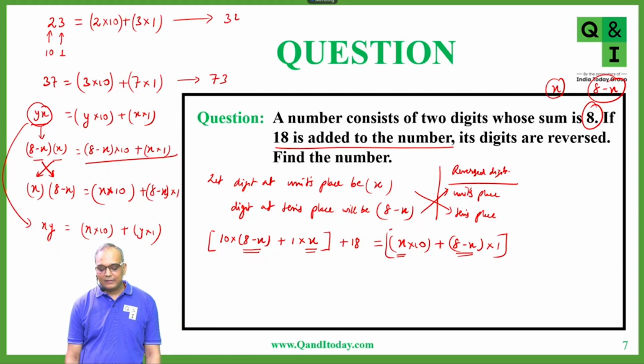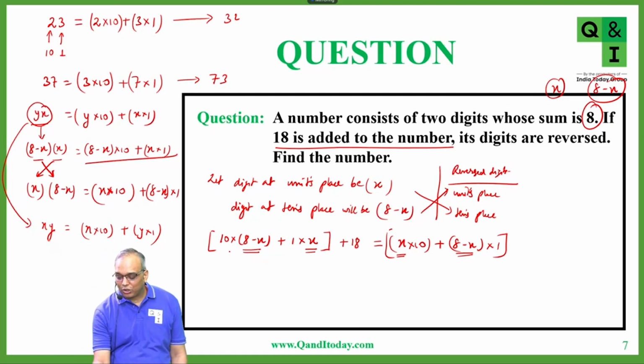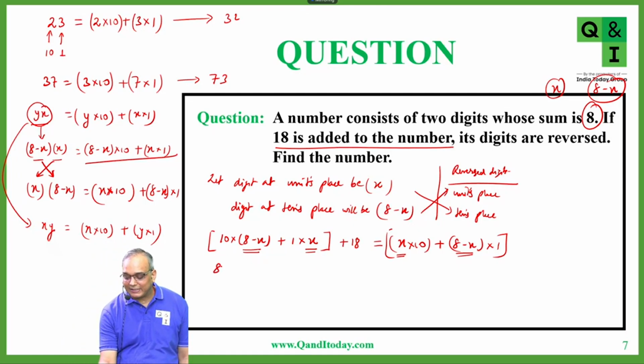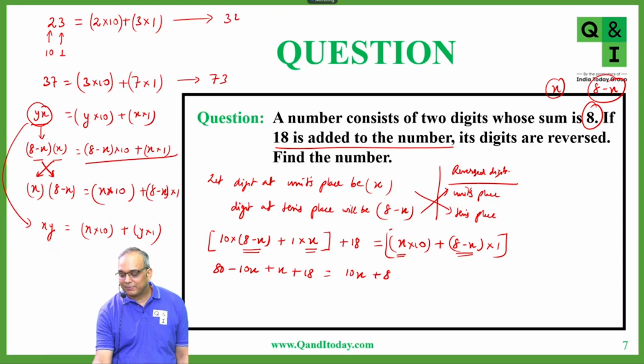Okay. So now when I solve this, 10 times 8 minus x is 80 minus 10x, because 10 will go inside, plus x plus 18 is equal to 10x plus 8 minus x. So now 80 plus 18 is 98 minus 9x is equal to 9x plus 8.